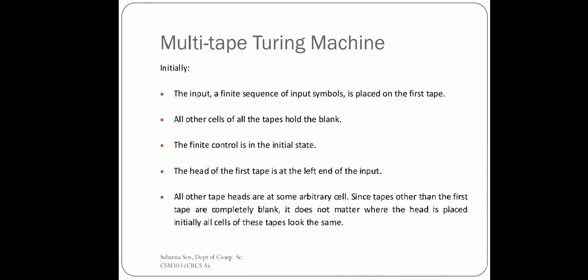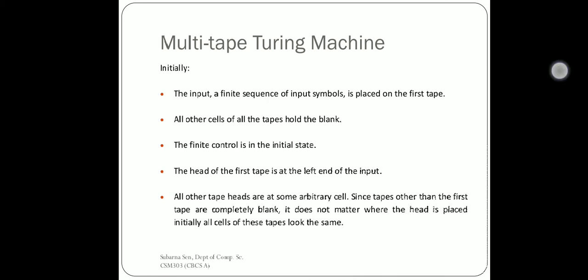Since all the tapes other than the first contain only blank symbols, where the tape head is for those tapes has no meaning to consider. So we are considering only the first tape, where my input string is. For the rest of the tapes, which have only blank symbols, the head can be anywhere.